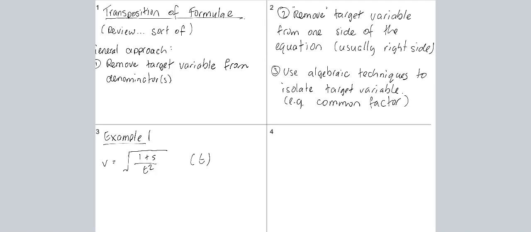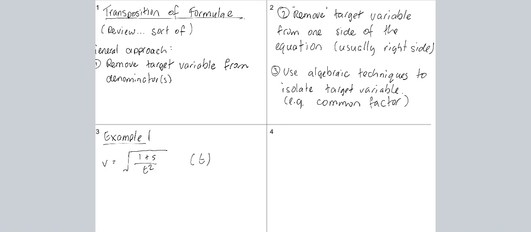But the important algebraic principle behind it is that you're creating a brand new equivalent equation. So when you divide out or subtract a variable on one side, you are dividing or subtracting by that variable on the other side to keep it as an equivalent equation.